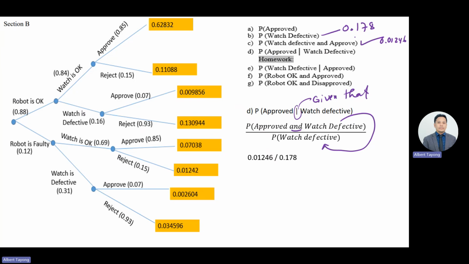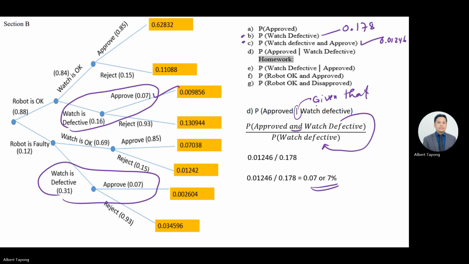A while ago, I showed the answers of both. So we divide these values. You can rewind this recording and check these values again. The answer is 0.07 or 7%. So C is correct here. Approved given that watch is defective is 0.07 or 7%. So it is indeed correct.